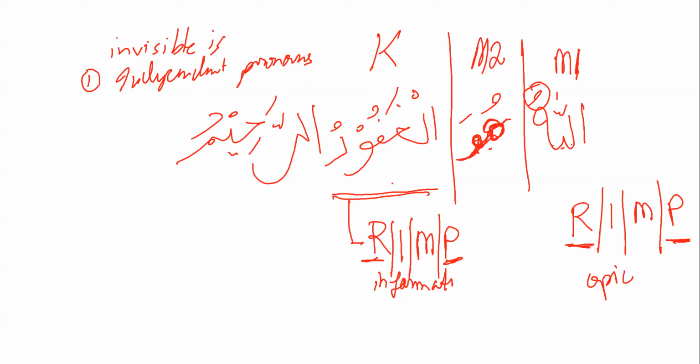And after it, we have ar-rahim. So now we analyze this R1MP. So tell me, this is R1MP, this is R1MP. They are both isms. They have four properties matching.